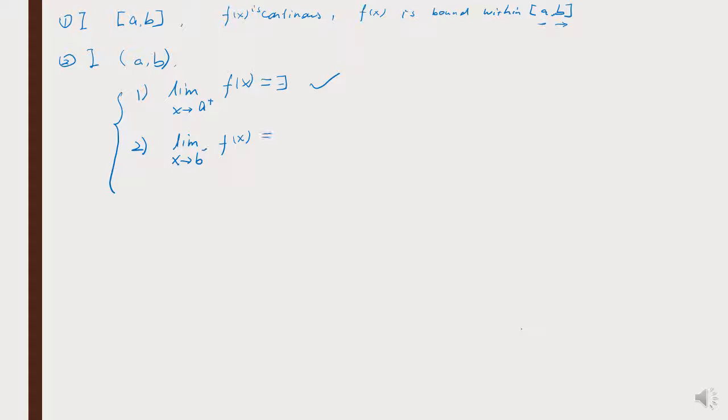If there also exists one limit of the function when x is approaching B from the left, then it passes the second checkpoint. Okay, the third one is, alright, although we say if we have this closed interval, for example, we can say universally, this is very simple.